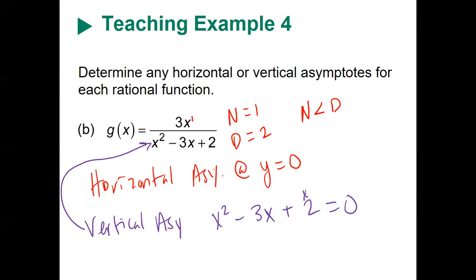What multiplies to give me 2, but adds to give me -3? -2 and -1, right? A negative times a negative is a positive, and a negative plus a negative is a negative. So therefore, my vertical asymptotes are where? What would x have to be in order for this to be a true statement? X could be 2, because 2 minus 2 is 0, and x could be 1, because 1 minus 1 is 0. So that's where my vertical asymptotes are.